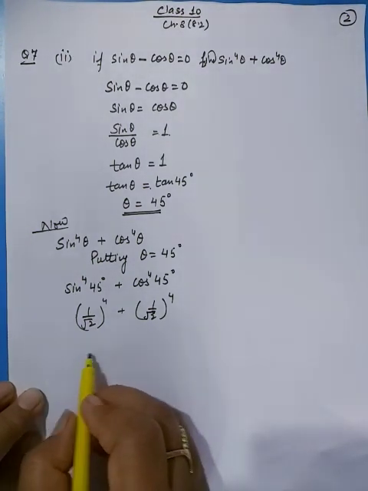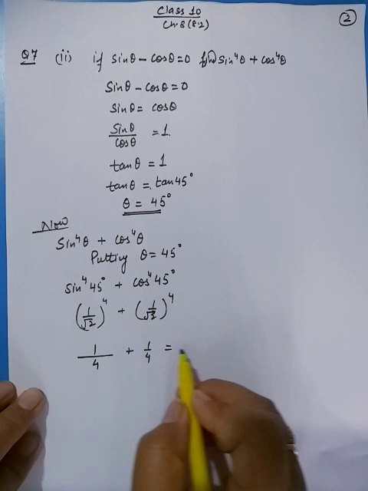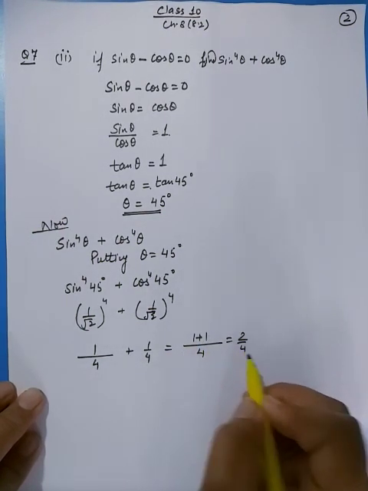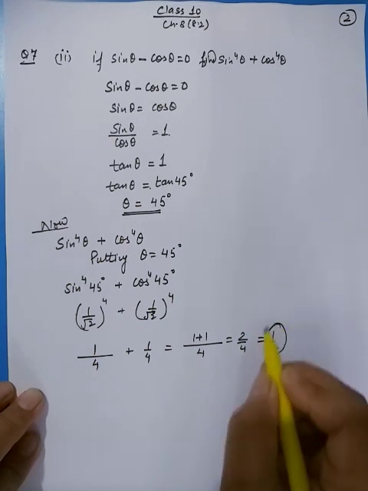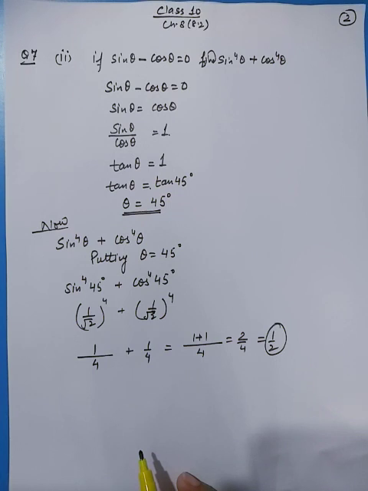So after solving this we will get 1 by 4 plus 1 by 4. Taking 4 as LCM, 1 plus 1, this will be 2 by 4. 2 by 4 means the value is 1 by 2. Similarly, we can try the first part of this question.